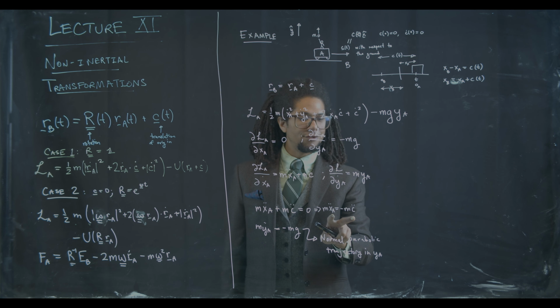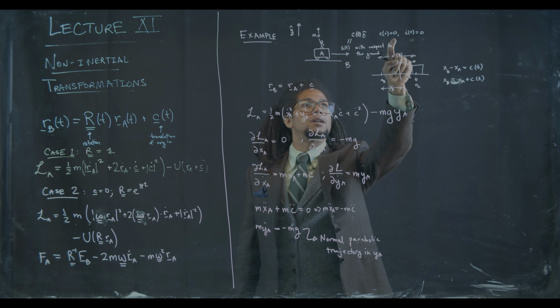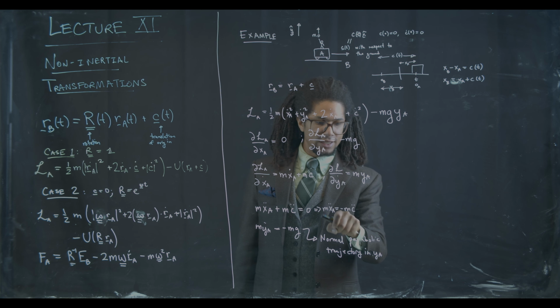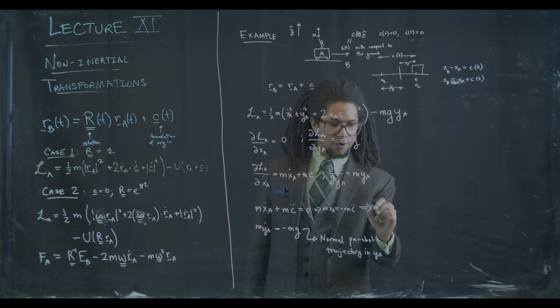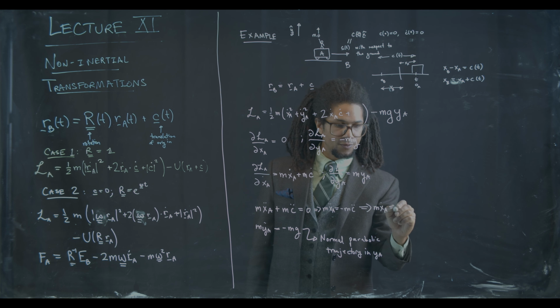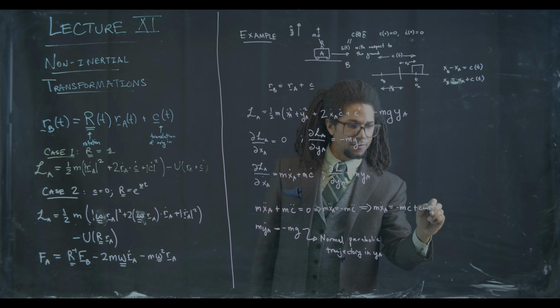But what we do have is that c dot of 0 is equal to 0 and c of 0 is equal to 0. So why don't we integrate this and see what we can come up with? If we integrate once, we get m x_A dot is equal to minus m c dot plus a constant.